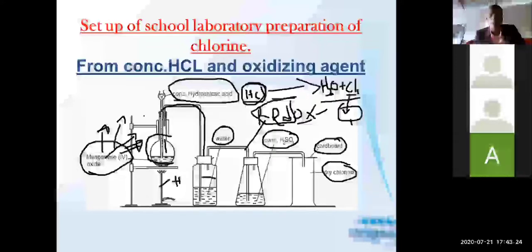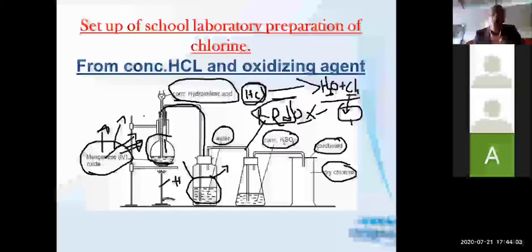And from here, when reaching here, the function of water here is to remove the traces of the hydrogen chloride fumes. So that is the function of water.